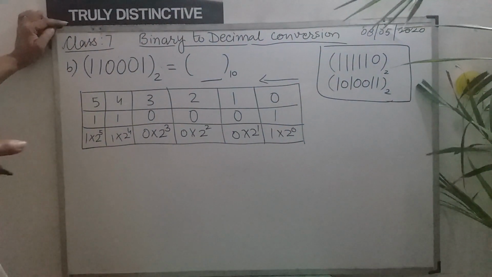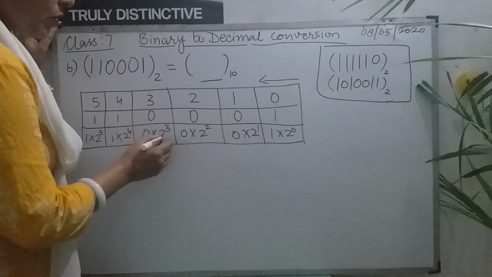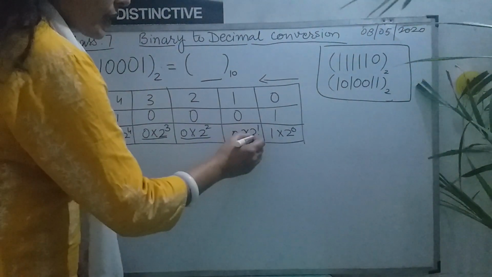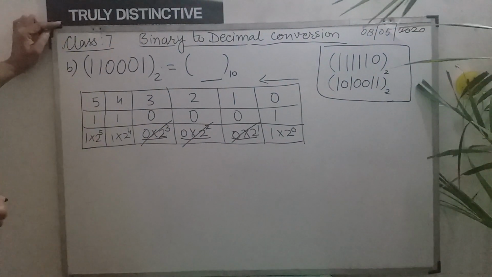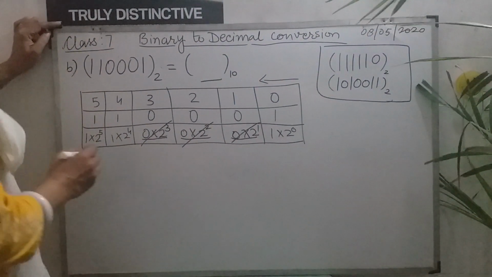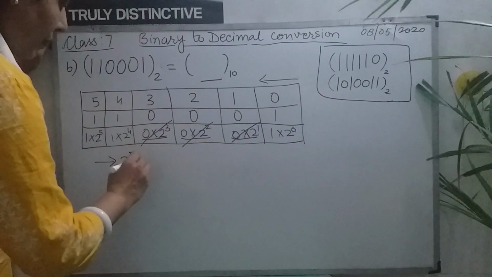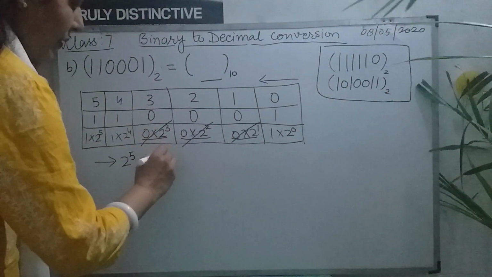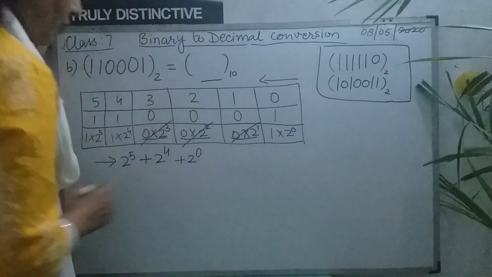Then the second step: wherever we have multiplied the number by 0, underline those and cut them out. They are not required. So 3 of them are cut out. Then what is left? 2 to the power 5 plus 2 to the power 4 plus 2 to the power 0.